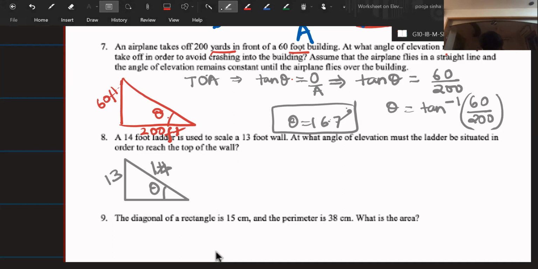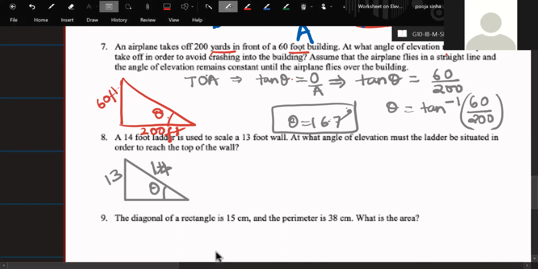Inverse we will use later, but initially we'll start with this only. So you're supposed to use sine theta is equal to opposite upon hypotenuse.